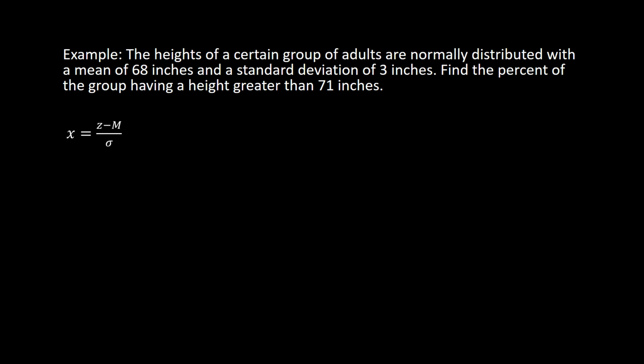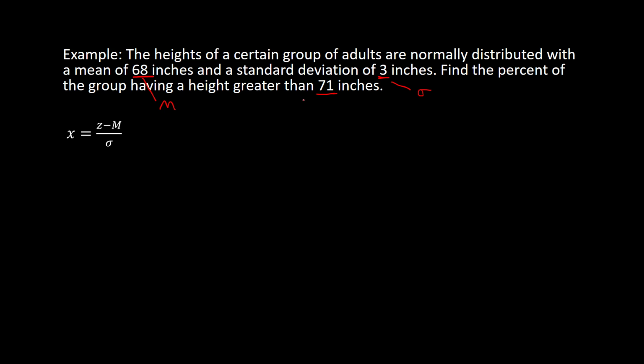So using the formula, we need to determine what do we plug in for z, m, and sigma. Well, sigma is the standard deviation. So this 3 would be your sigma. And then the mean is 68 inches. So this 68 would be the mean. And then the 71 inches would be the value that we're trying to find information about.